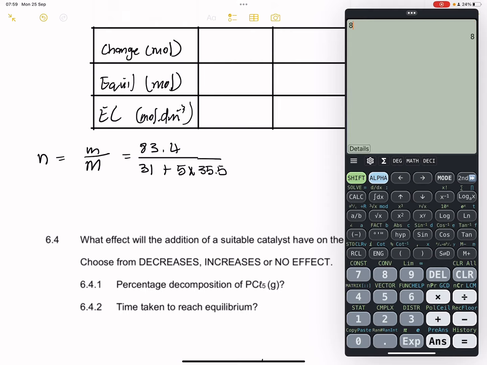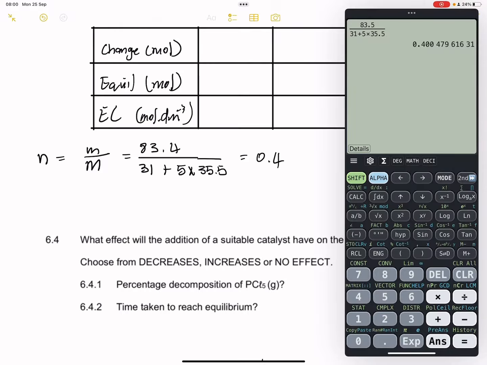So that's 83.4 divided by 31 plus 5 times 35.5, and I get 0.4 moles from that.